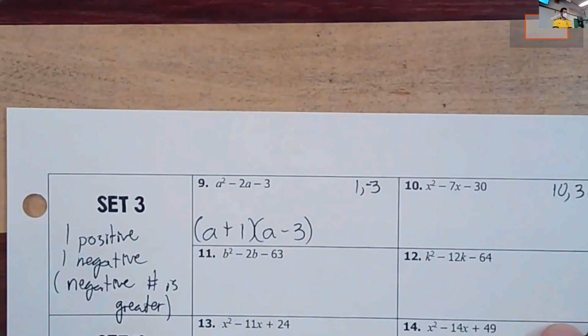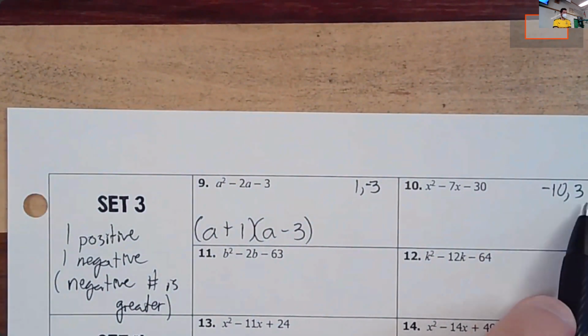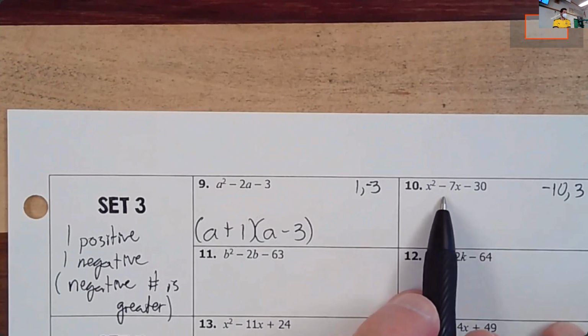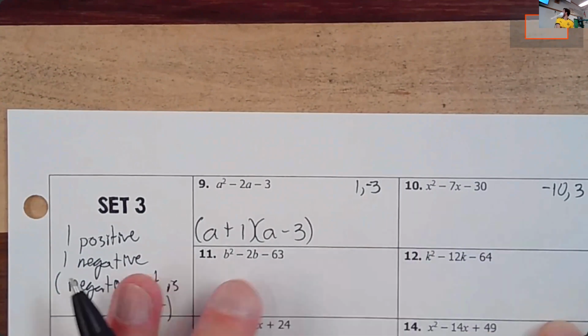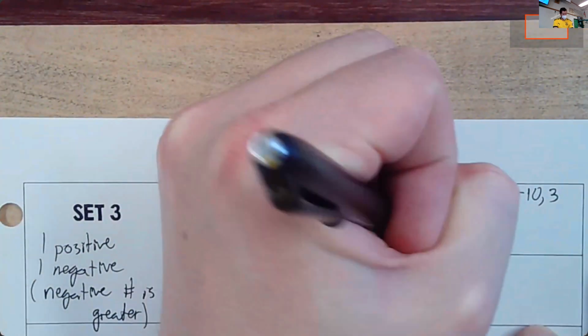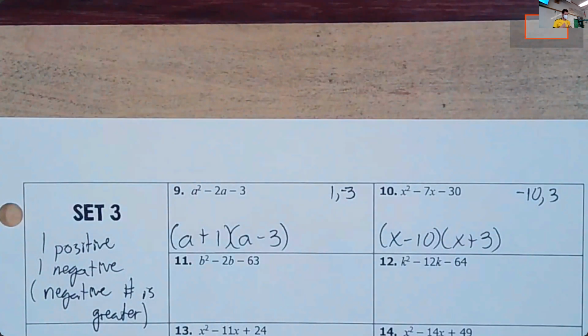Which one's negative? 10, yeah. So the greater one is negative. So -10, +3 multiplies to equal -30. -10 plus 3 is -7. All right. So x minus 10 times x plus 3. There we go.